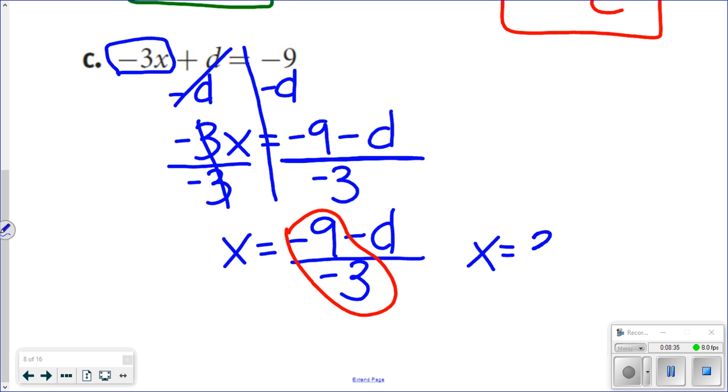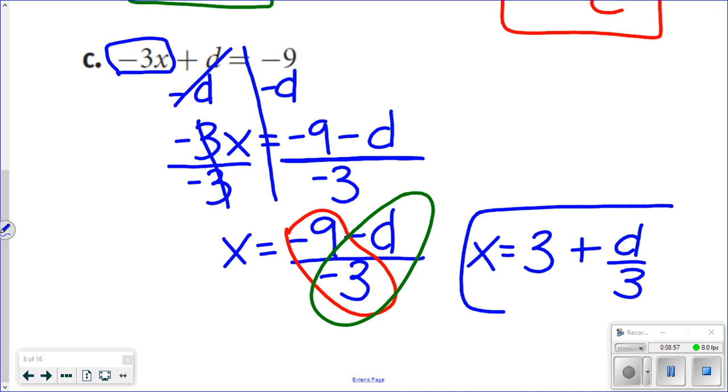We get 3 as our answer. And negative d divided by negative 3: the only thing we can do here is cancel out those negatives. Two negatives make a positive, so we change it into a positive d over 3. Again, my problem started with an x and a d, and I still have an x and a d in my answer.